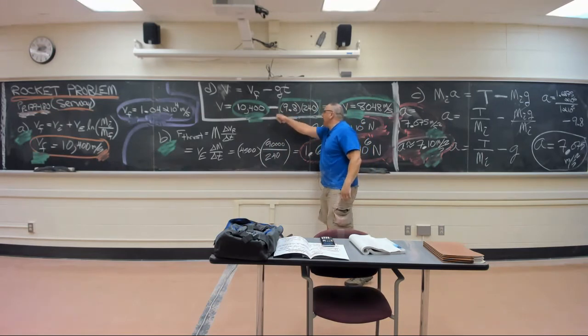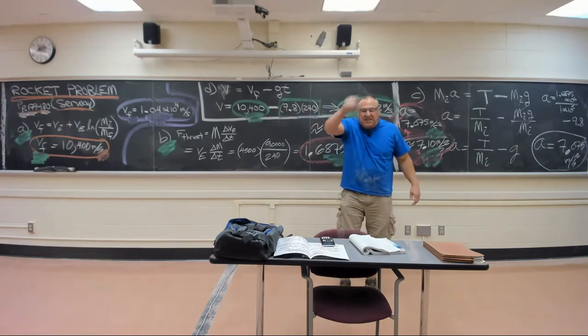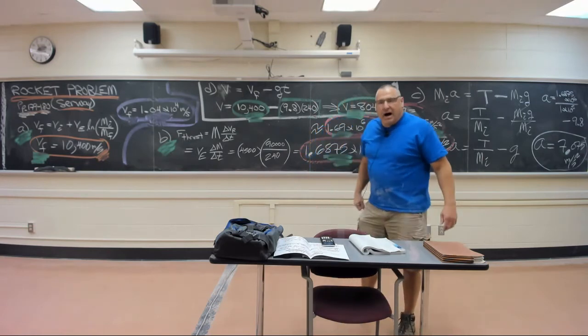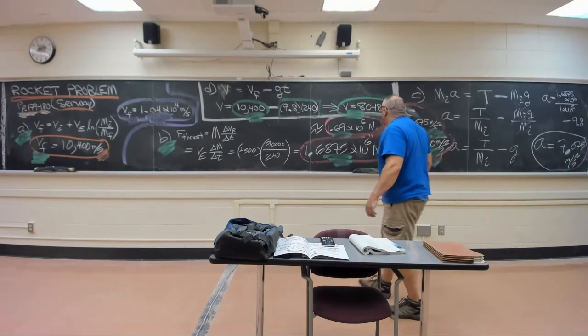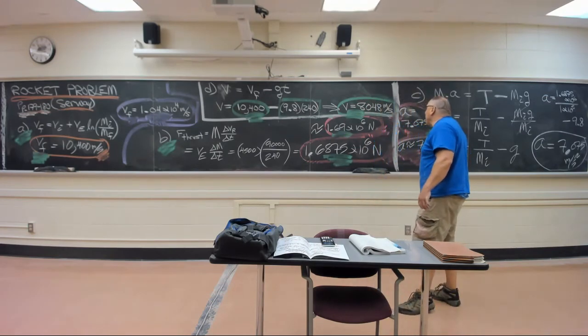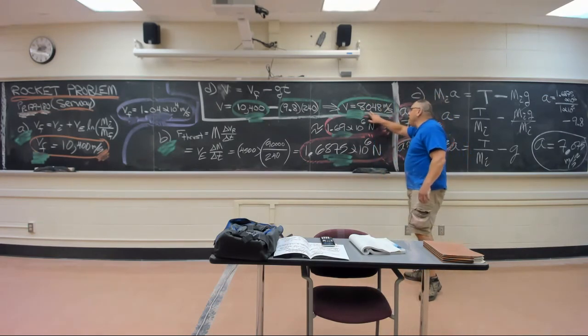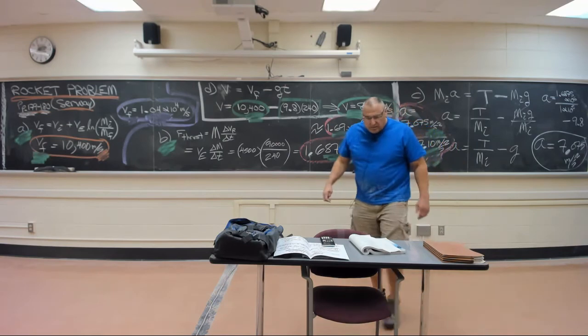This guy's the brakes. For 240 seconds, he's the brakes. How far was he slowed down? That much. 8.048 times 10 to the third meters per second. They wrote down 8.05 times 10 to the third meters per second. That's not a big deal.